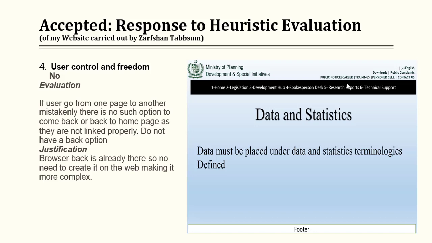Yes, as you can see, in the web page there is a browser back option, so we have to select that one. That will be much easier. And if you make a back option, then that will become more complex and difficult to understand for the new user. He will be puzzled, should I go back with this or browser back?